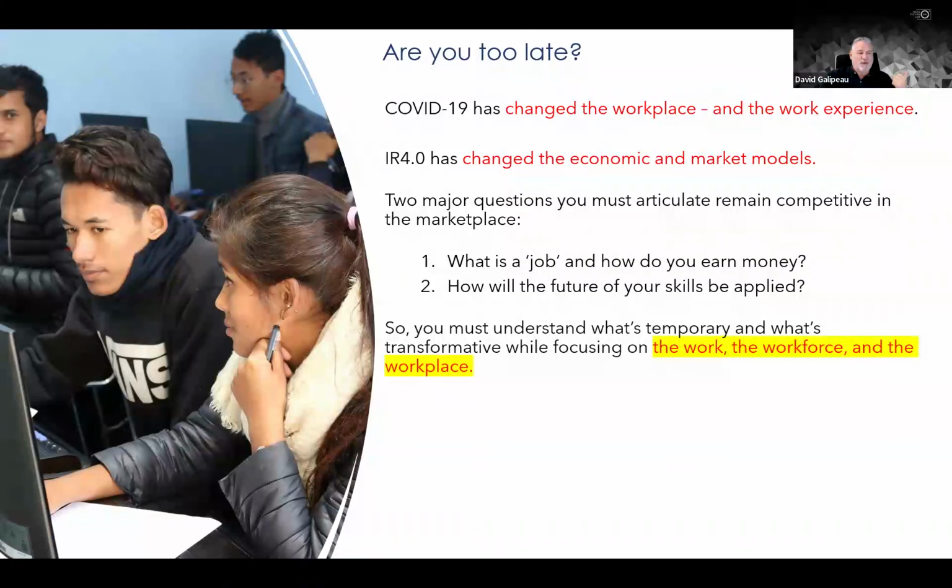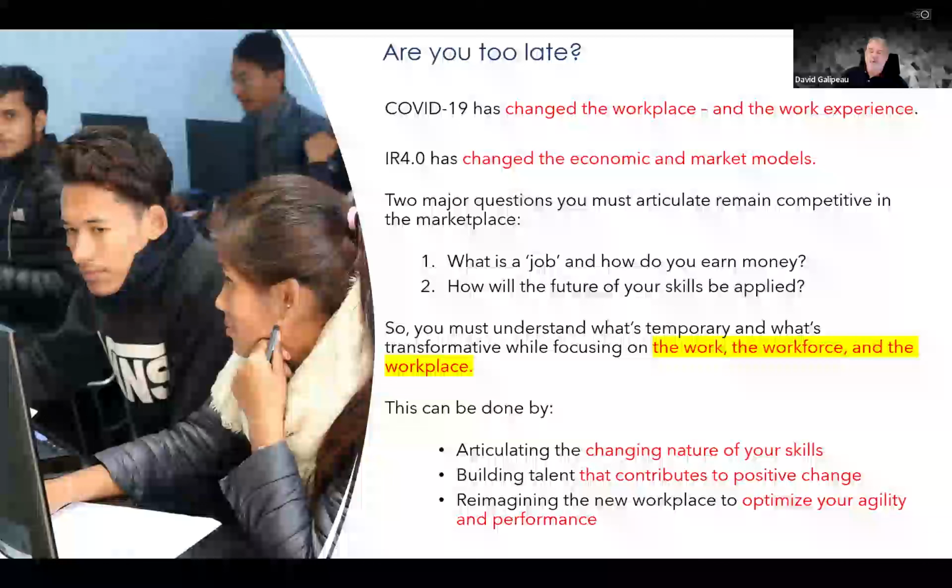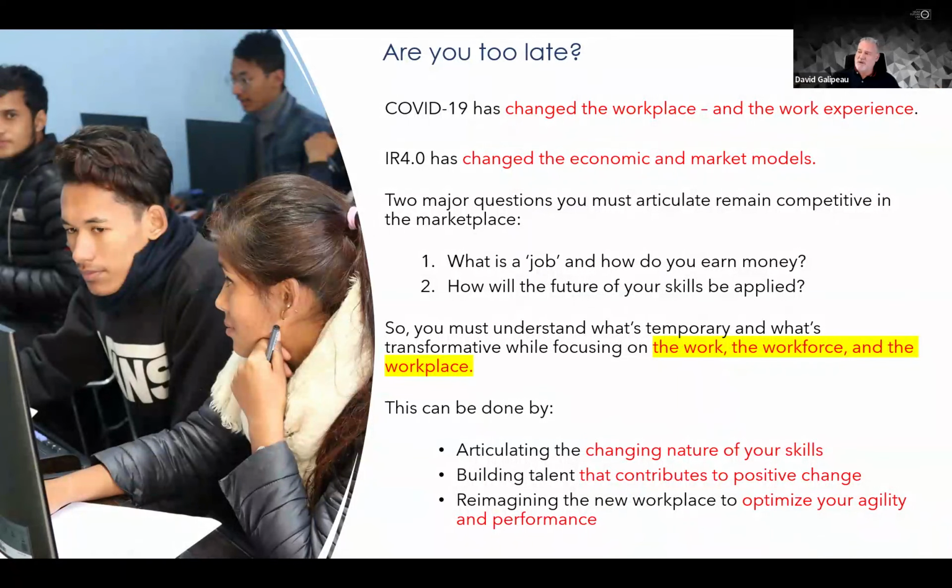And again, when we talk about the work, the workforce, and the workplace, a lot of this is going to be driven by talent. And this can be done by articulating the changing nature of your skills, building talent that contributes to positive change, positive disruption, reimagining a new workplace to optimize your agility, your flexibility, and your performance and how you measure performance.